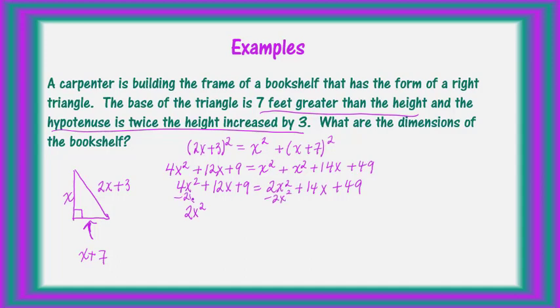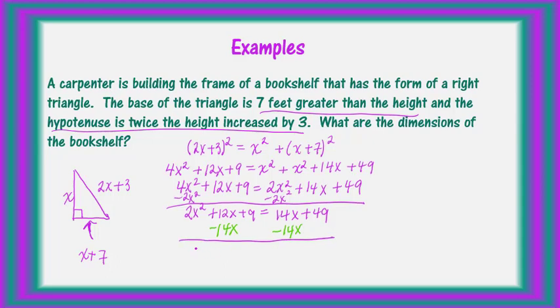And I'm going to go step by step just so that I don't lose you along the way. Then I have the plus 2x plus 9 equals 14x plus 49. Then I'm going to subtract 14x to the left, but whatever you do to one side, you must also do to the other.